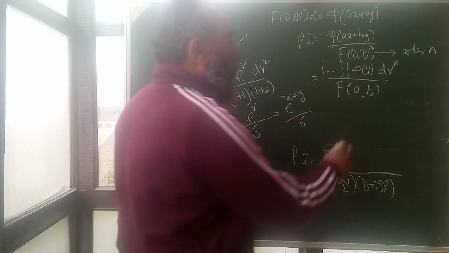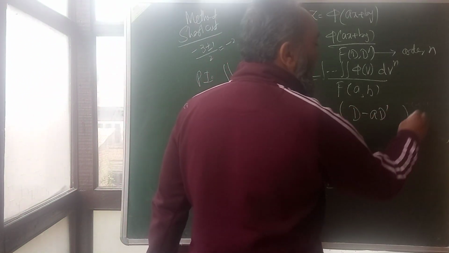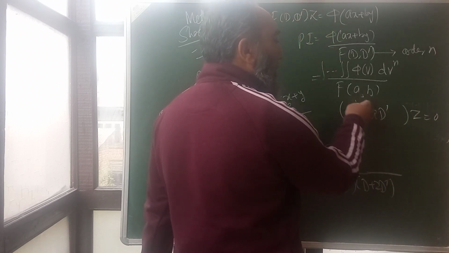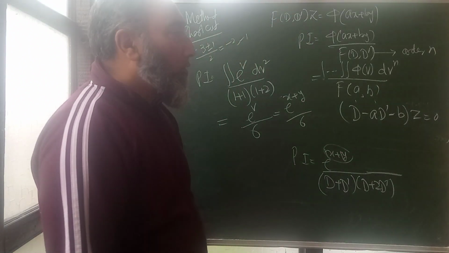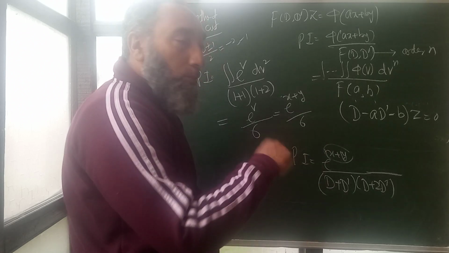Non-homogeneous means what? You don't have homogeneity. See, D minus aD'. This is the homogeneous one. Homogeneity is there. This is D, this is D', of degree 1. But let me suppose that this is b over here. This is not homogeneous. I have shown you in my formation of differential equation.